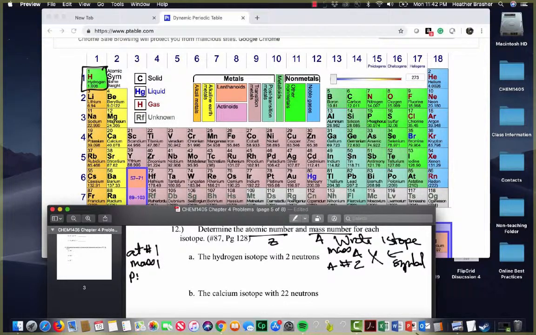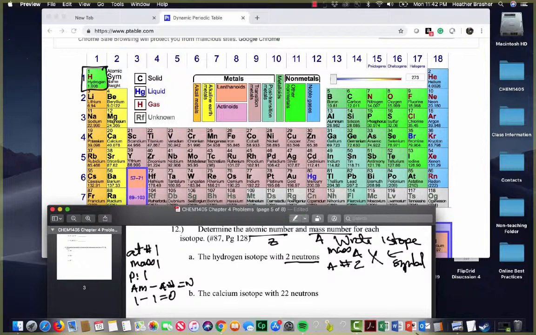So that means how many protons do we have? 1. And you can find out how many neutrons by the atomic mass minus the atomic number equals neutrons. So we have 1 minus 1 equals 0. But what is it saying here? It's saying we have 2 neutrons.